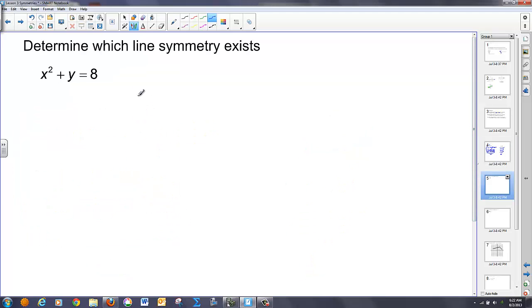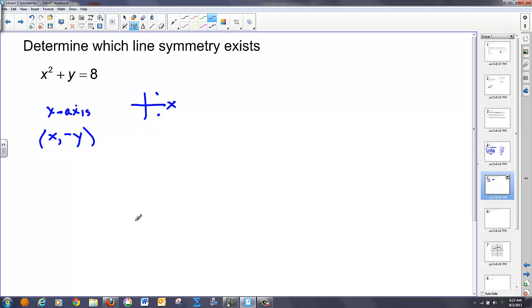So let's do the same but test for x-axis and y-axis symmetries. And we'll start with x-axis. So again, what is the test for x-axis? Well, if this is my x-axis and I have a point here and I'm flipping over and getting to a point here, the x's are the same, but the y's are opposite.